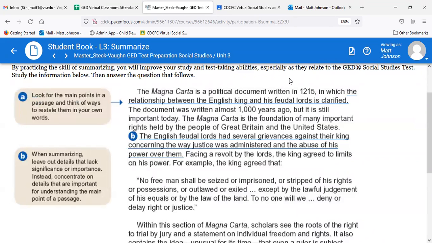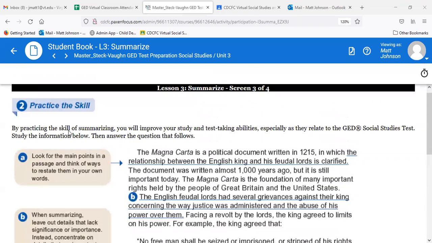So our text passage here, and along the way, the other part of that is not just the skill sets that we're building, but also getting that historical information or civics information to go along with it to help build your prior knowledge.